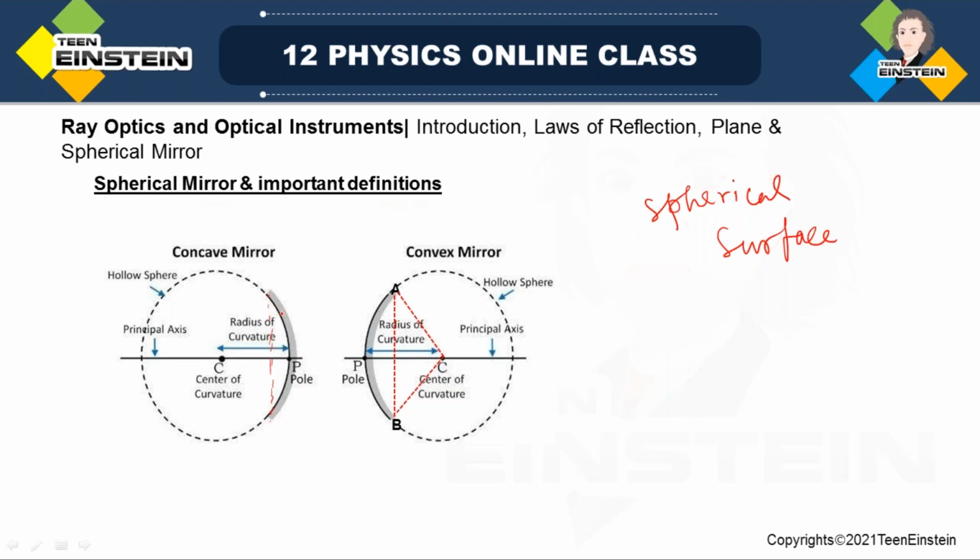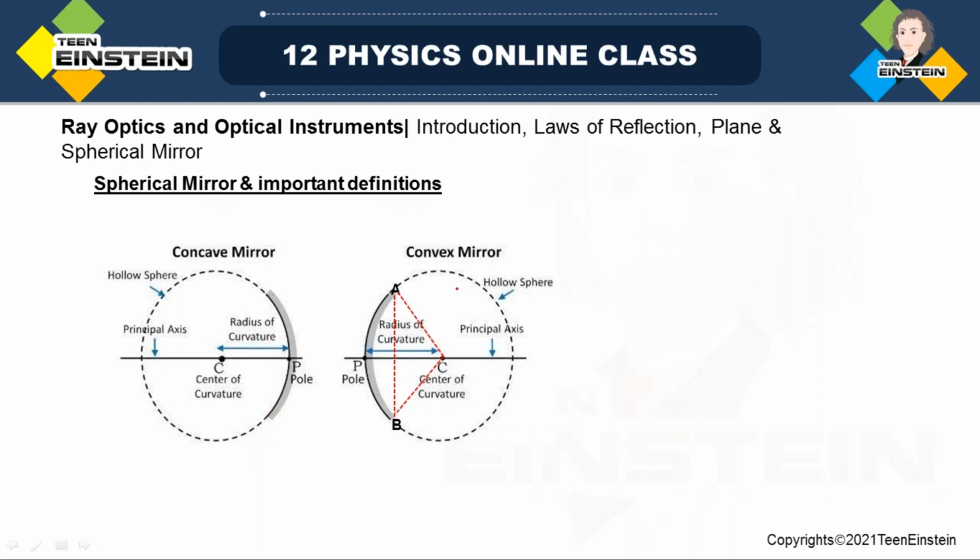You polish the outer part and use the inner part as the mirror, so use this inner part as the mirror, then it is called a concave mirror. Look here, this is the concave mirror.